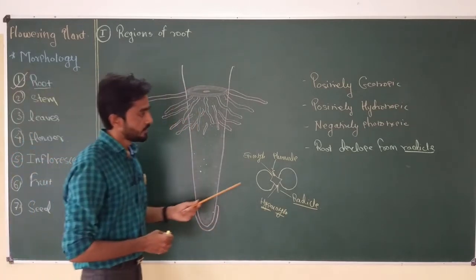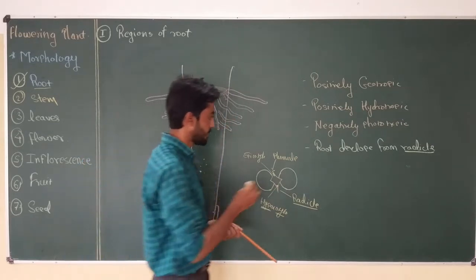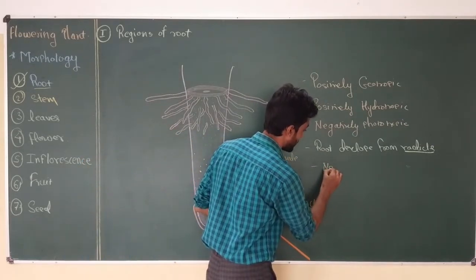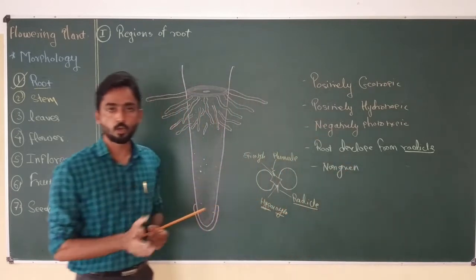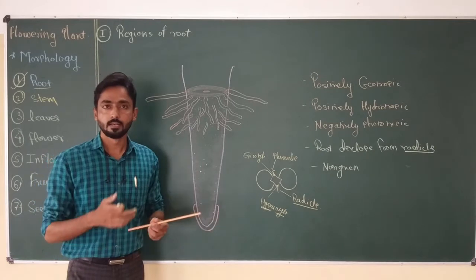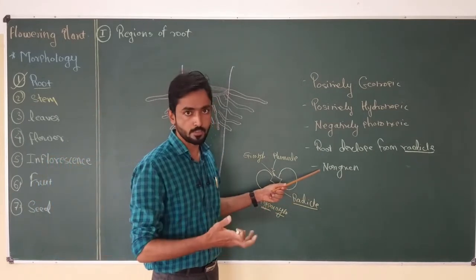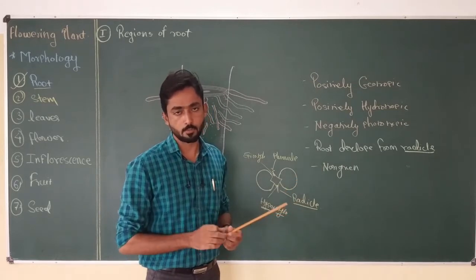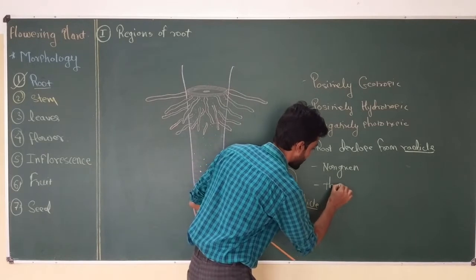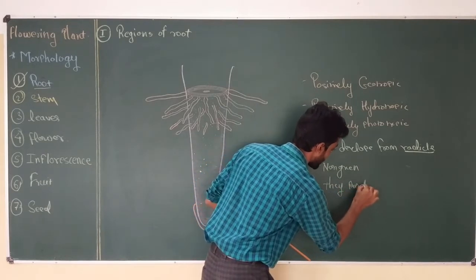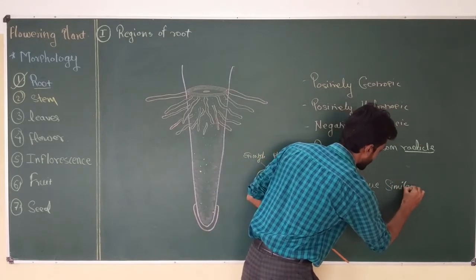Then the next important thing about the angiospermic root is that they are generally non-green. They do not show the presence of chlorophyll pigment. They are unable to perform photosynthesis, so they are a non-photosynthetic, non-green part of the plant body. Then they produce similar organs only.